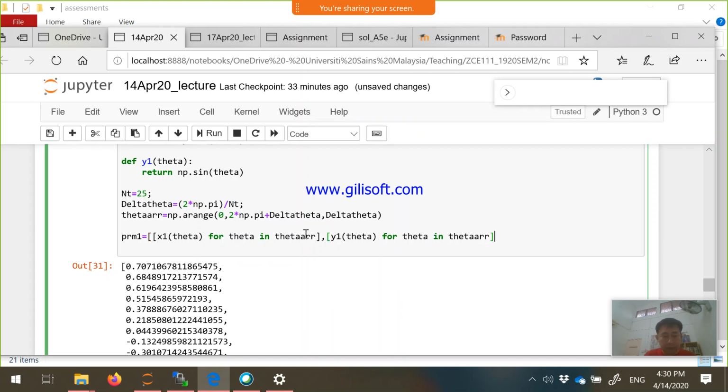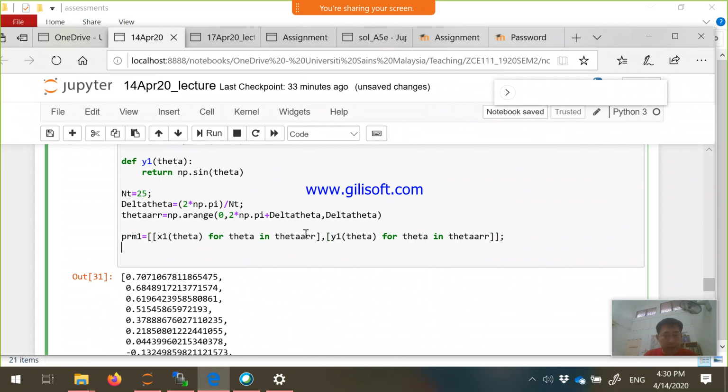Okay, so I put this into an array. Then I just say plot. I'm not sure whether this will get me the correct answer. So this PRMT is an array that comprises the x coordinate and y coordinate of the parametric curve.